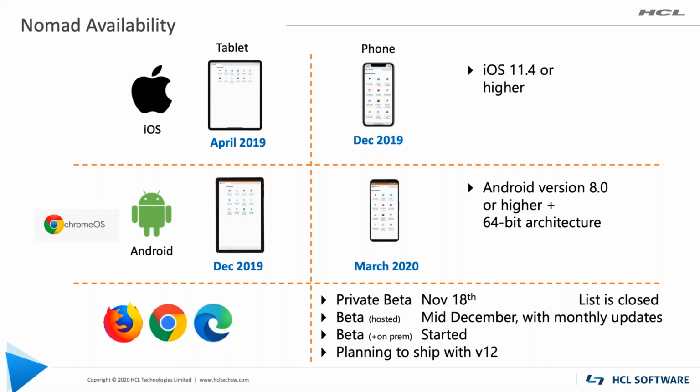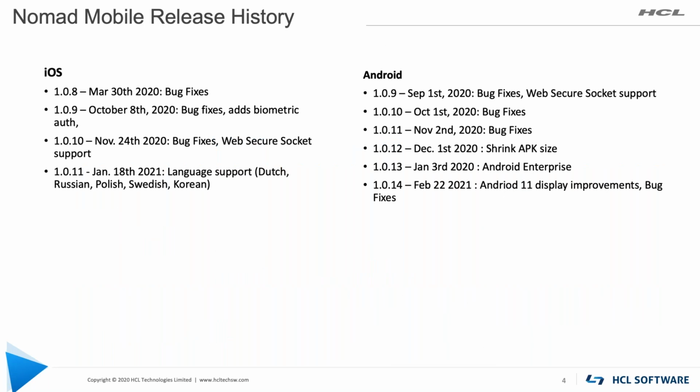Today, we are talking about the mobile part of Nomad, which consists of the iOS code stream and the Android code stream. And just for reference, I've added a slide here to outline the release history, showing that these are two releases that are constantly being developed further, constantly adding new features on a monthly basis on Android.